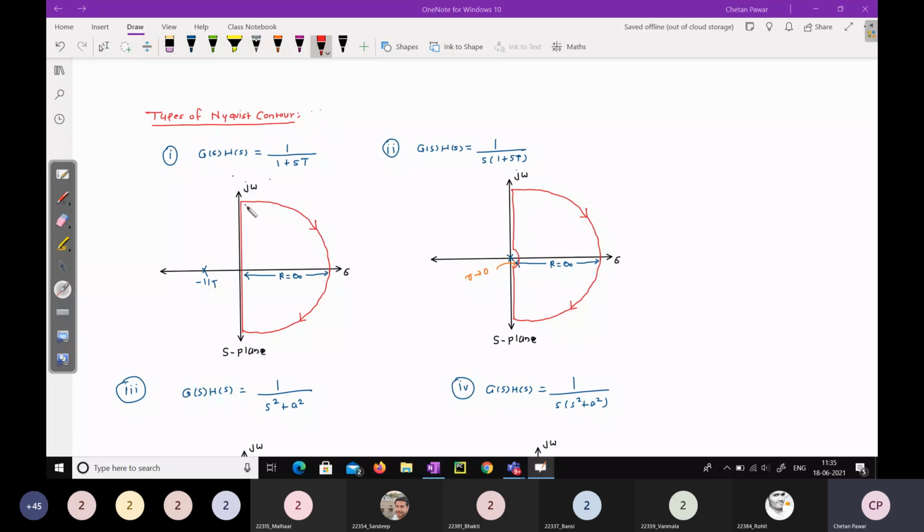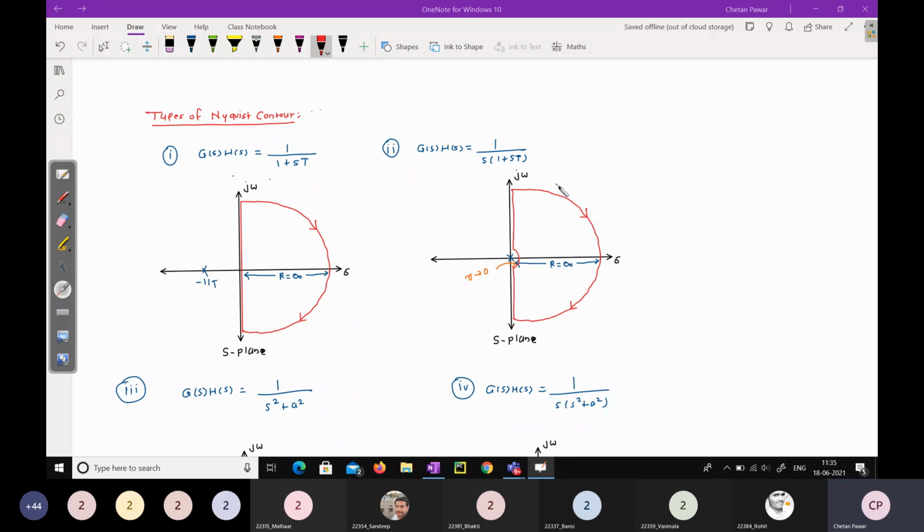Now here you can see the Nyquist contour is an infinite radius semicircle, which is covering the entire right hand side of the S-plane. So this is the normal form of Nyquist contour, and here you can see the direction of this contour is clockwise.